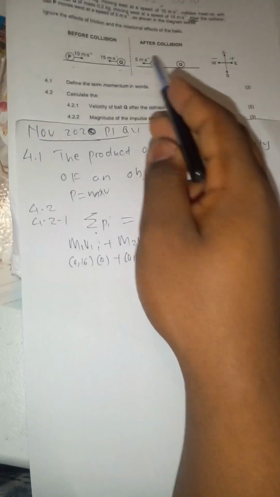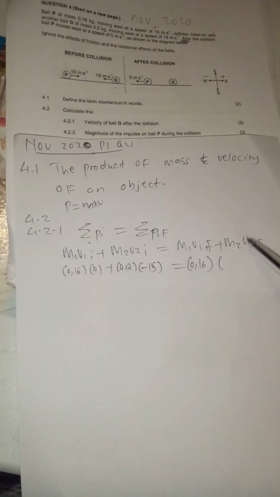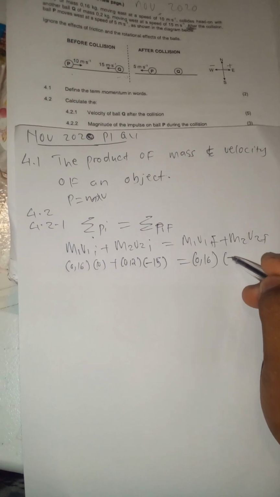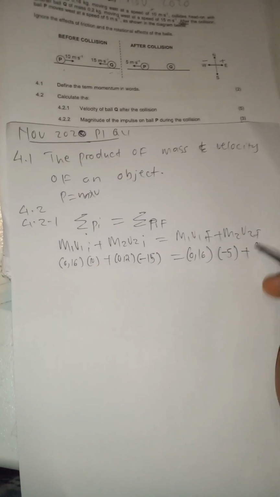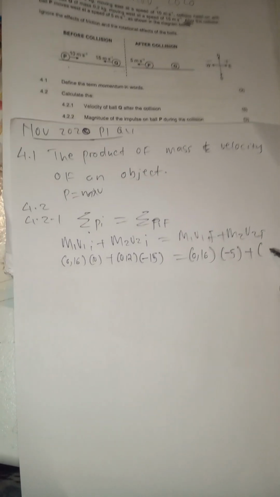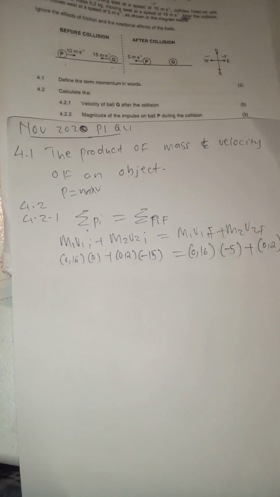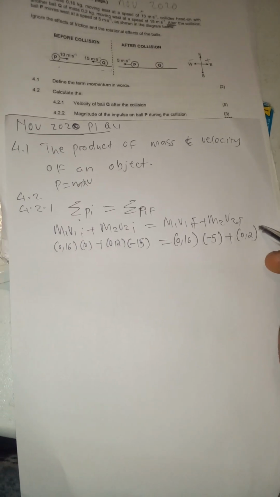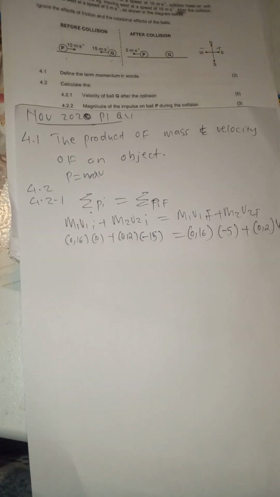They said after the collision ball P is moving west, so it is minus 5. Then plus the second mass, which is Q, 0.2, but we don't have the velocity of Q, so we just say VQf. That's how you can represent it.